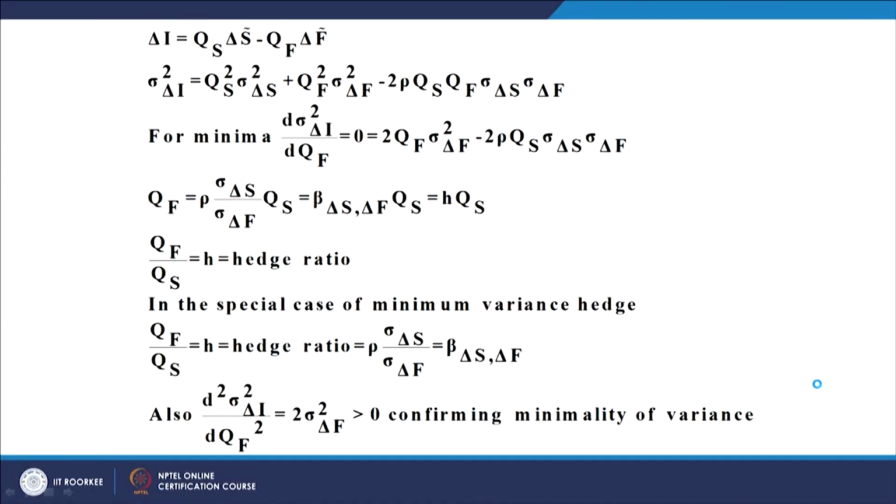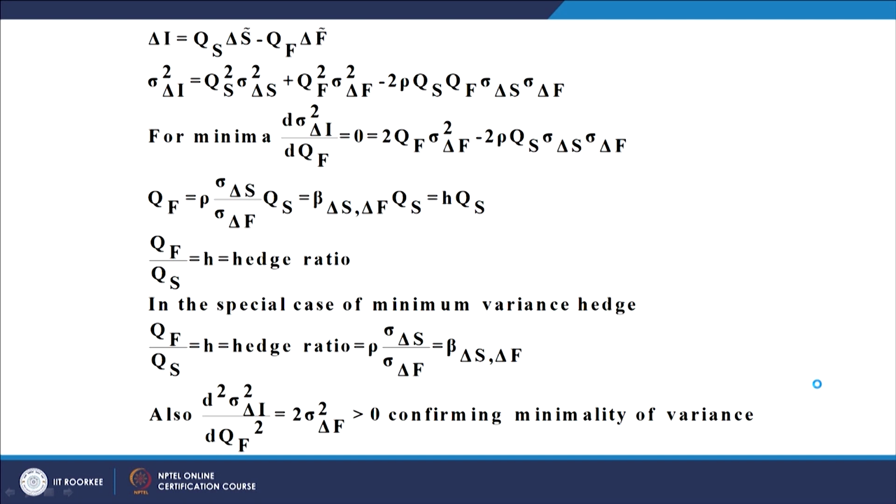We work out the variance of the combination using the expression for the linear combination of random variables, and we arrive at this expression. Differentiating with respect to the degree of freedom that we have, which is QF, which is to be determined, we arrive at the optimal hedge ratio.